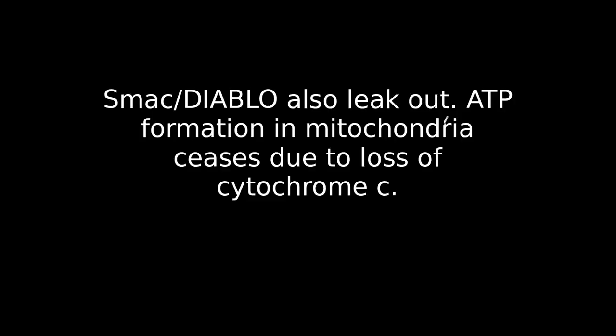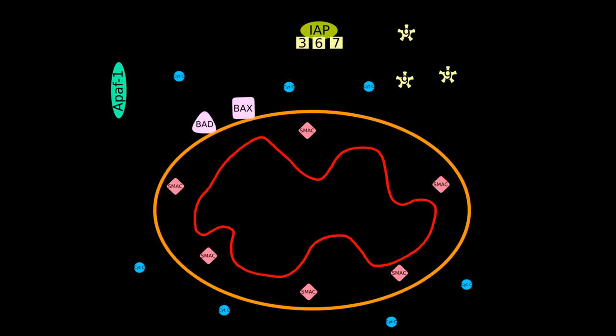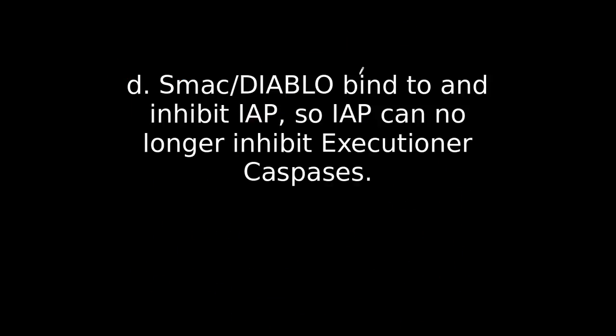Also, another protein complex called SMAC Diablo is going to leak out as well. We also have ATP formation in the mitochondria stopping, because if you lose cytochrome C from inside the mitochondria, you lose the ability to form ATP. So here we have SMAC Diablo again, which is also going to be dumping out.